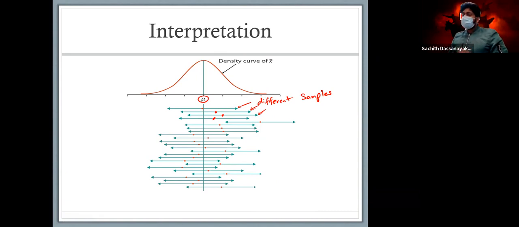In this confidence interval, what we are going to do is try to catch as many means as possible within our confidence interval. For example, if I pick this interval, you can see how many of my sample means I can consider within this interval.